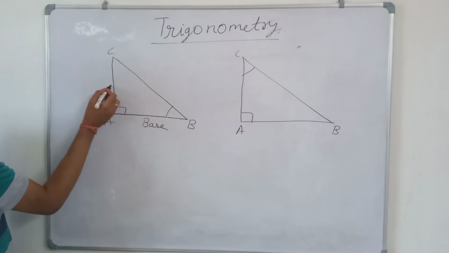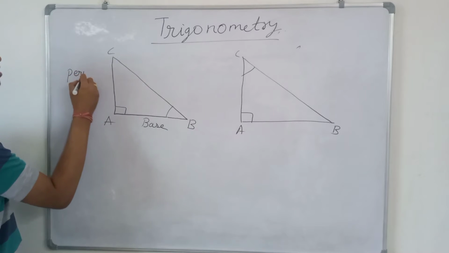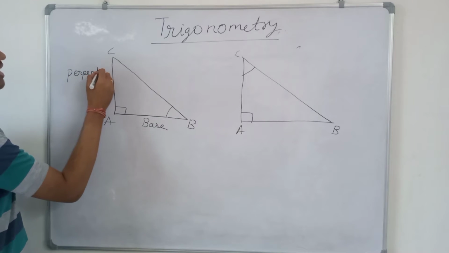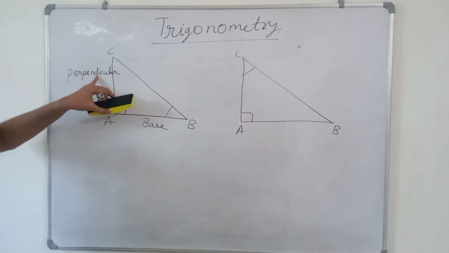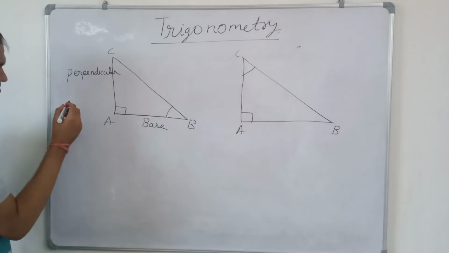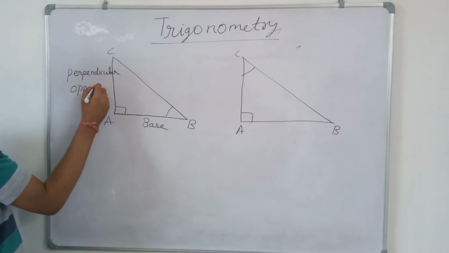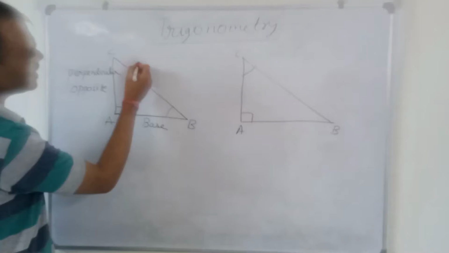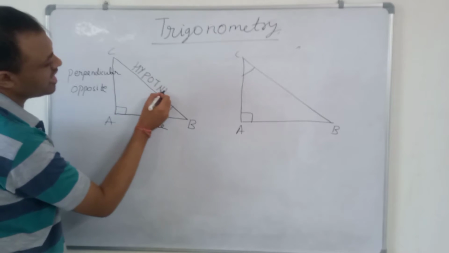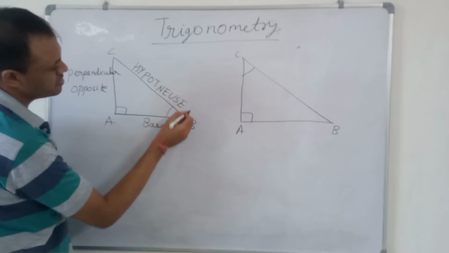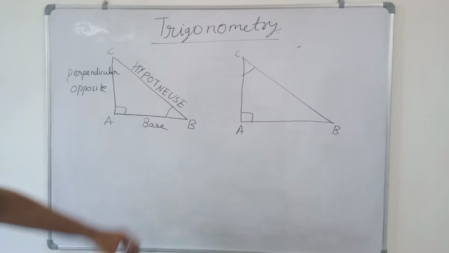The line opposite to angle B is called the perpendicular, or it is also called opposite. Perpendicular is spelled PERPENDICULAR. And this BC is called the hypotenuse.